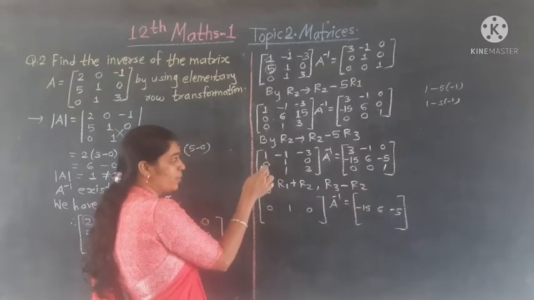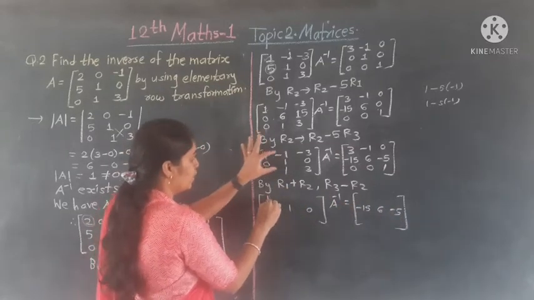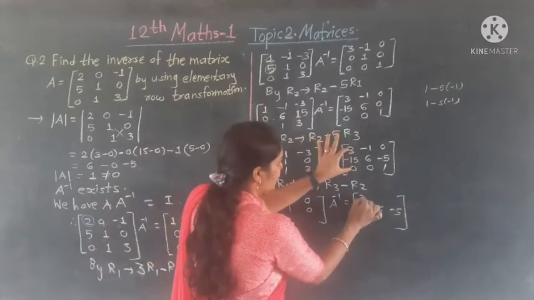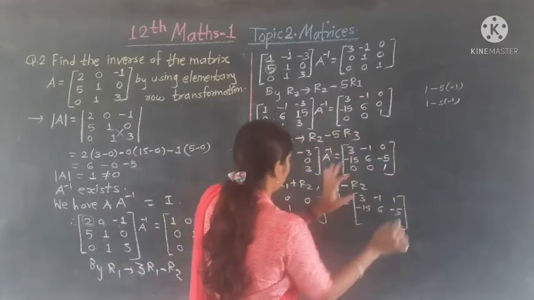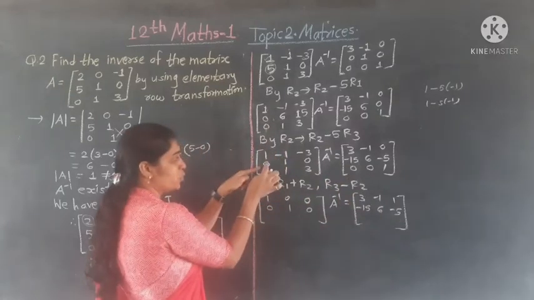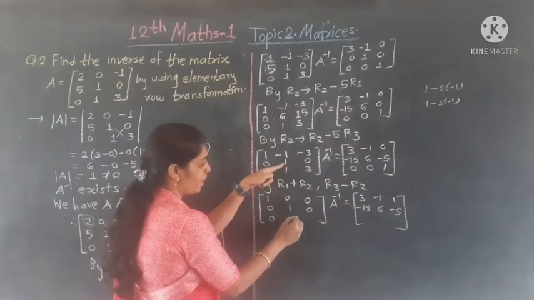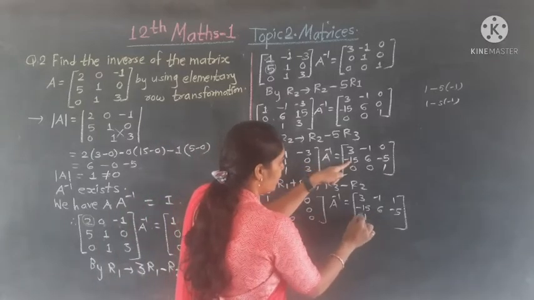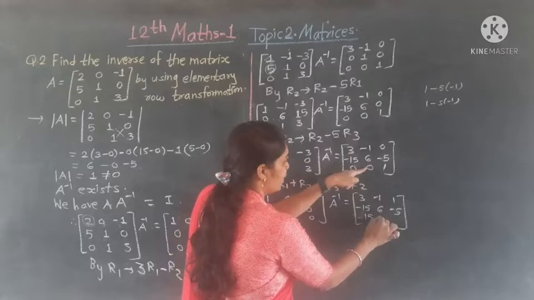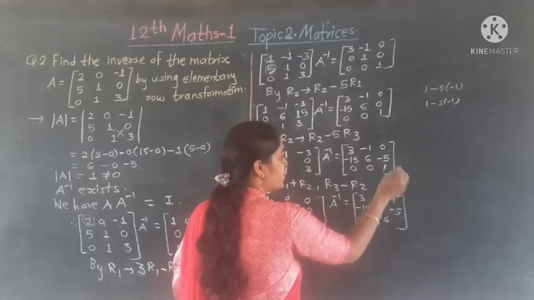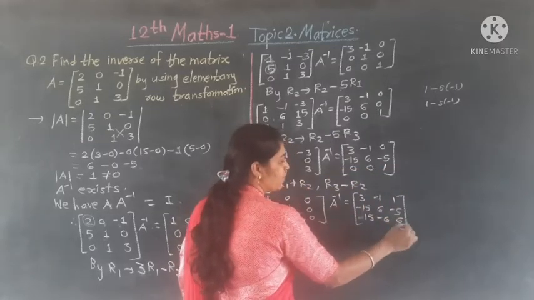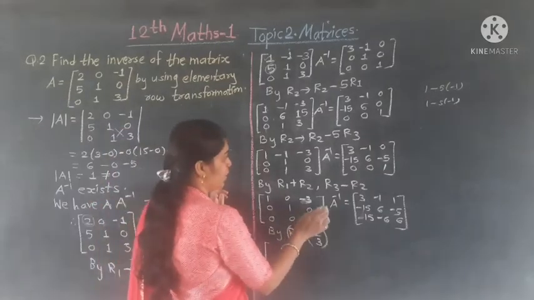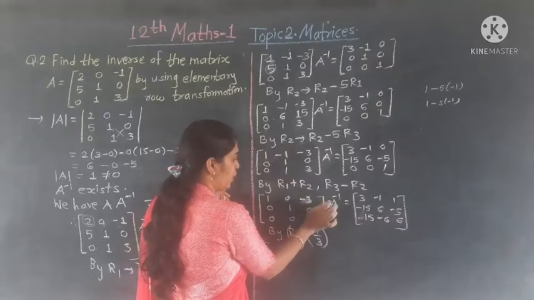R1 plus R2: 1 plus 0 is 1, minus 1 plus 1 is 0, 0, 3 plus 0 is 3, minus 1. R3 minus R2: 0 minus 0 is 0, 1 minus 1 is 0, 3 minus 0, 0 0, minus 15 it becomes plus 15, minus 6, 1 minus minus 5 means 1 plus 5, 6. Okay, sorry, here R3 minus R2, here also 3.